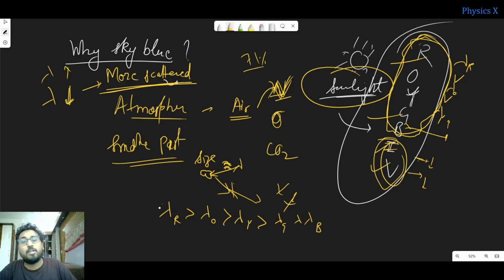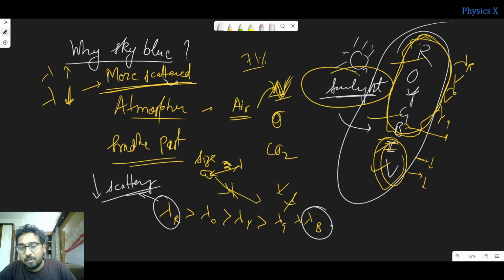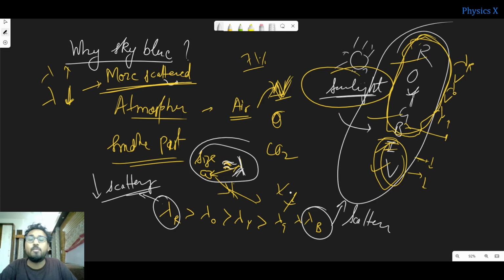So due to this largest wavelength, there will be least scattering, and blue is having the most scattering. Why? Because as the wavelength decreases, it becomes more comparable to the size of the particle.